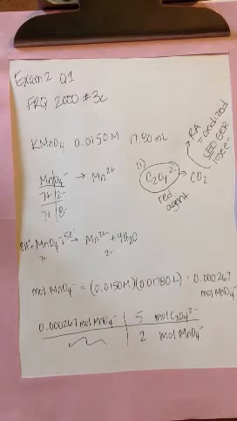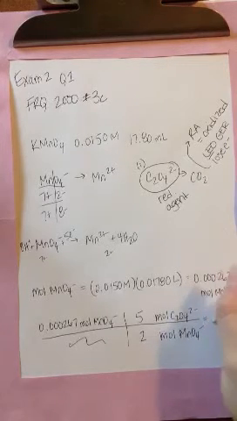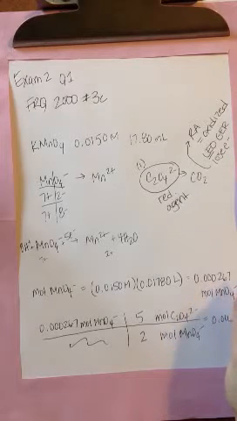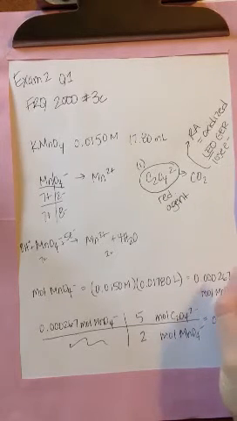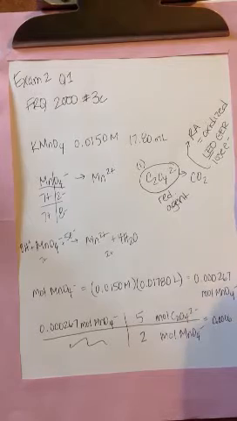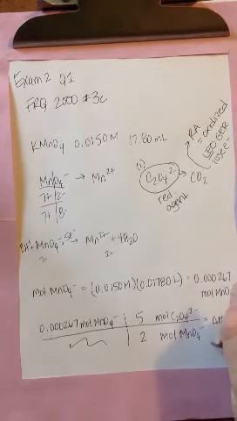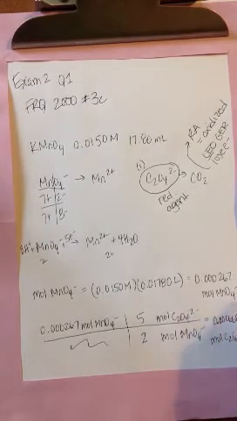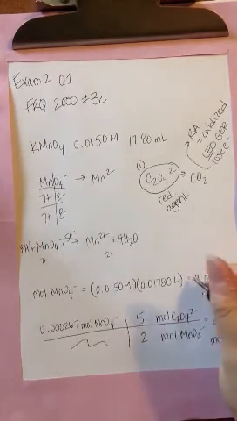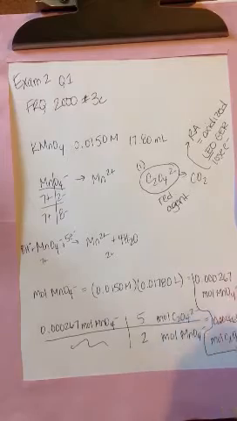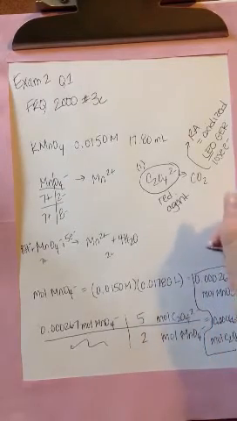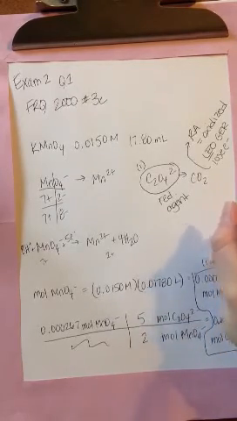So I'm going to take that number, multiply it by 5, and then divide it by 2. And I get 0.000668, whoops, I forgot a 0. It should be 0.000668, so I'll put an 8 there. Moles of oxalate. So these two things are my answer to part 2.